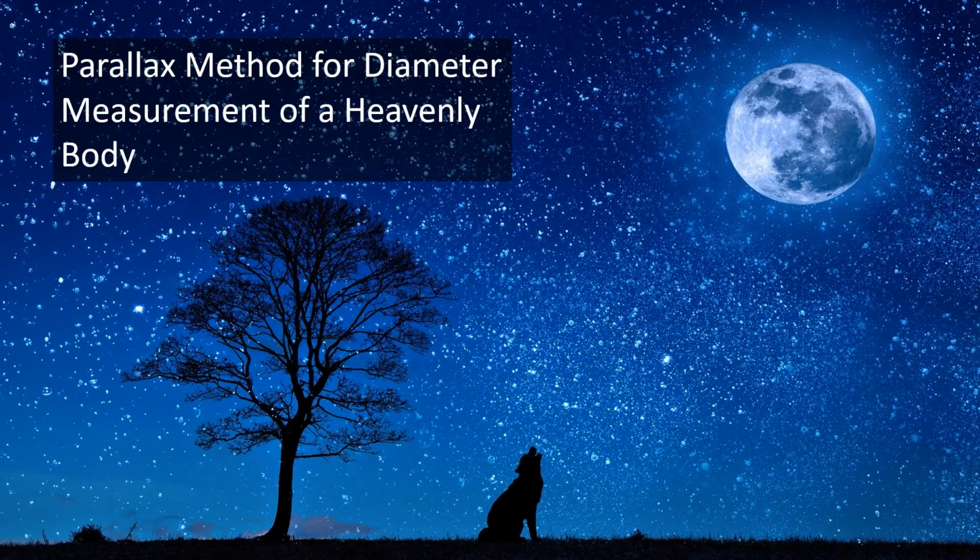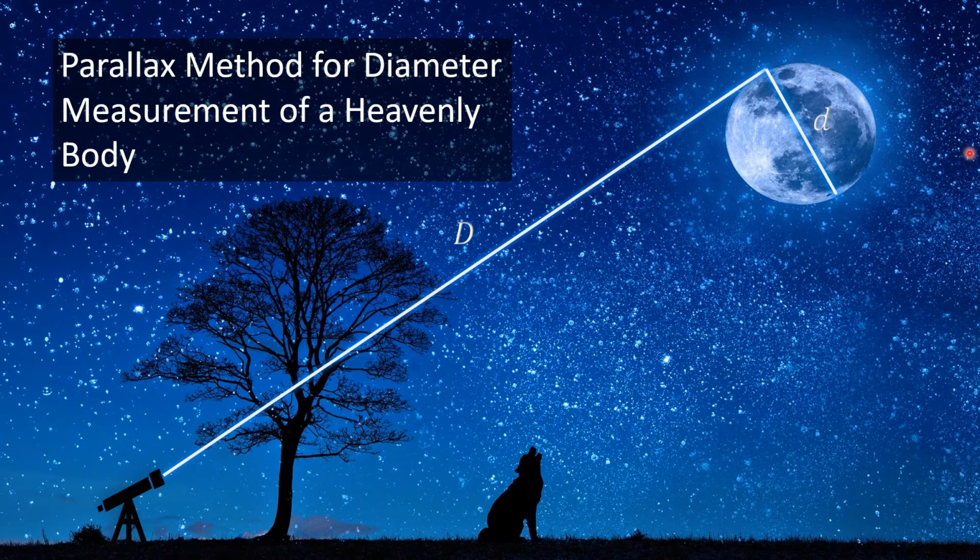Now, having measured the distance of this heavenly object from the earth, we can now proceed to find its diameter. Suppose that the diameter of this heavenly object is D and its distance from the earth is capital D. From the earth, this heavenly object will appear like a disk.